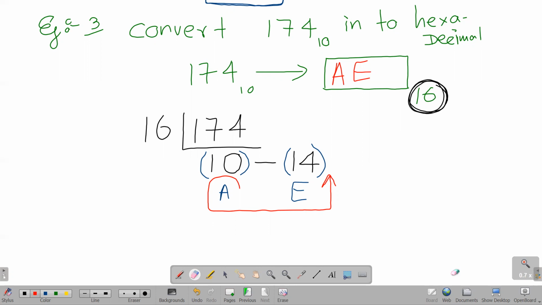At the very first division, we receive 10 as the answer and 14 as the remainder. That means we can stop our division because the answer is less than 16, but we don't represent 10 and 14 as they are in hexadecimal. For 10, we use capital A. For 14, we use capital E. So because of that, we write the answer as AE in hexadecimal.